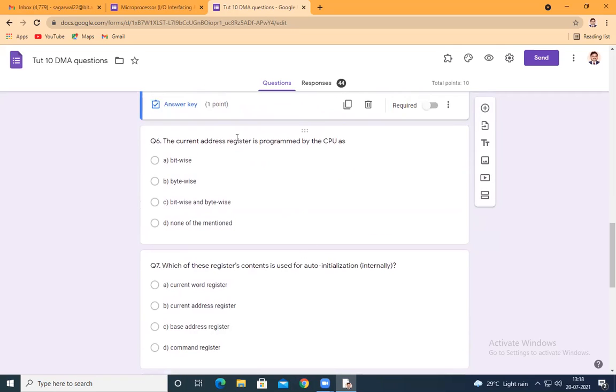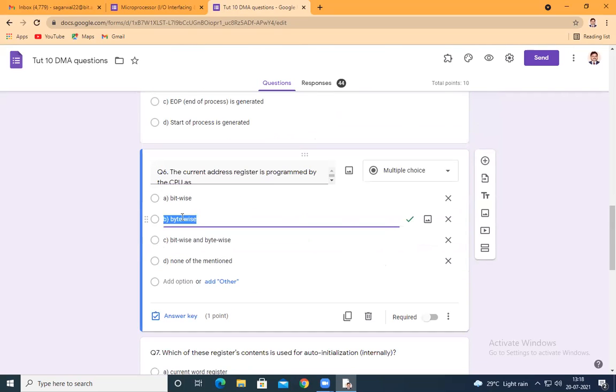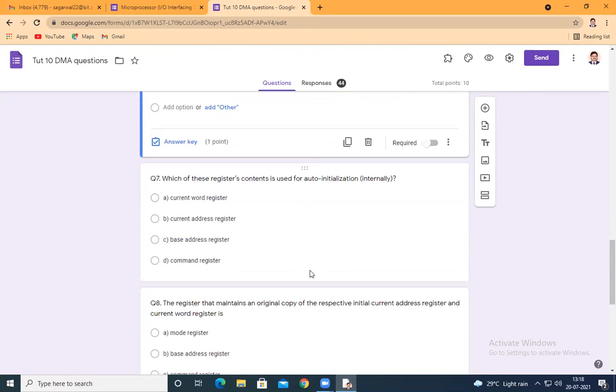The current address register is programmed by the CPU by which means: bitwise, bytewise, bitwise and bytewise, or none of these? The correct answer is bytewise, because byte by byte information is written in the current address register. Which of these register contents is used for auto initialization internally?